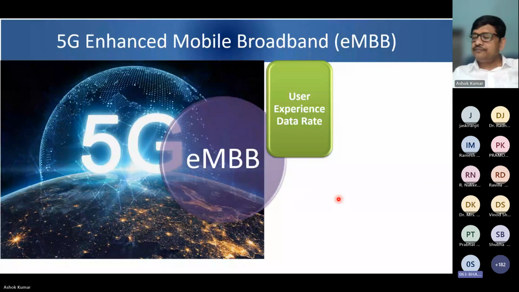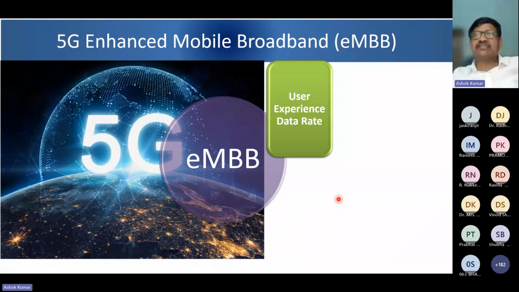100 Mbps. The total data rate divided by the number of users. Okay. So basically, if you read the document M.2410, they have defined each parameter. What ITU has defined as user experience data rate is this: if you go to the edge of a network, they say the 95% point of the edge.